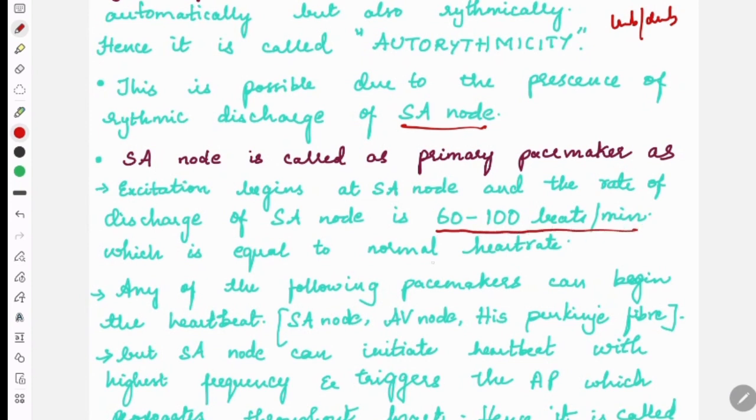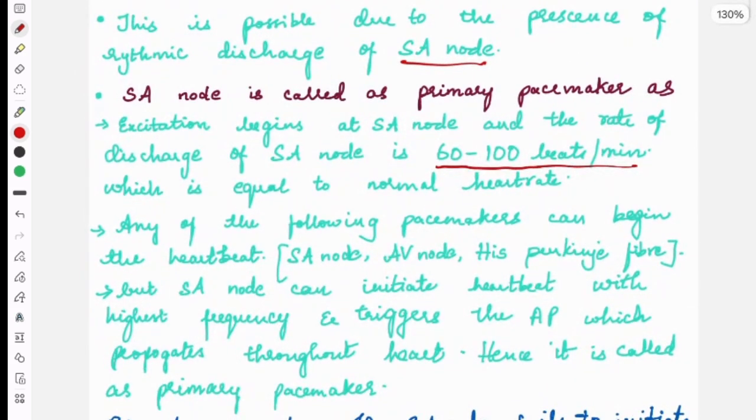This discharge is equal to heart rate. In a normal individual, the heart rate is equal to the discharge of the SA node. That's why it is said to be about 60 to 100 beats per minute, the normal heartbeat range.